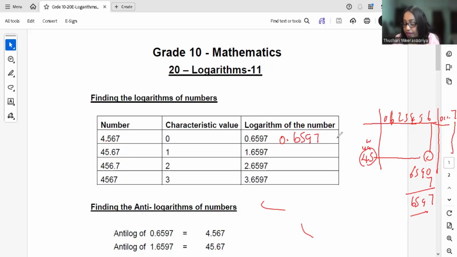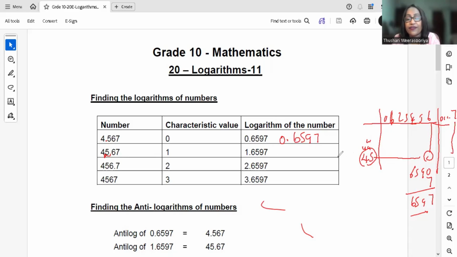Now go to the next number. We'll see how to identify the characteristic value. The decimal place is past two numbers. This is not the correct way. You have to take the decimal place to this side. Then I took one number to the front. The decimal place passed one number. Then the characteristic value is 1.